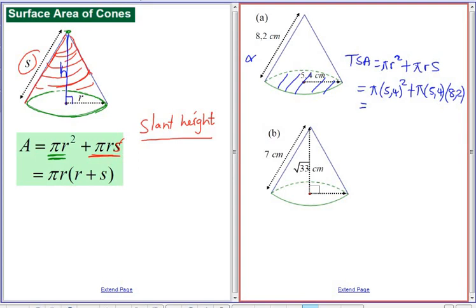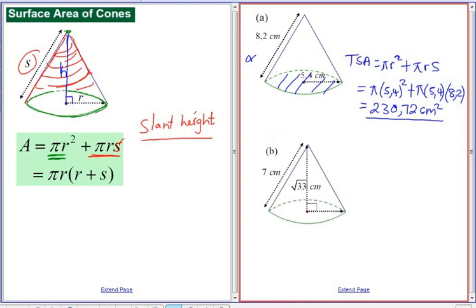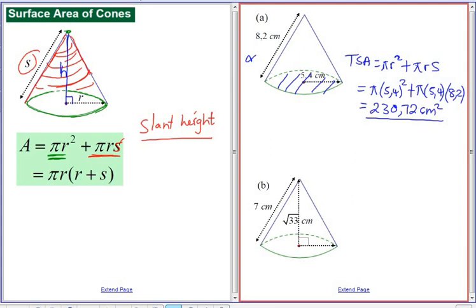A very simple procedure, if you ask me. Well, it's just 230.72 square centimeters, like that. So that is precisely how you were going to get that area.